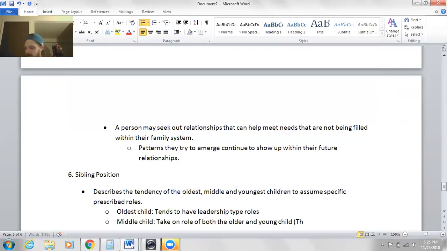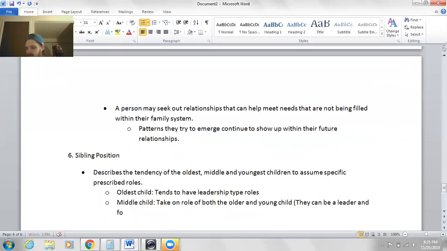So what does that look like? They can be a leader and follower depending on the setting or situation.